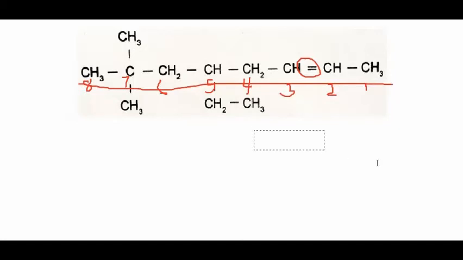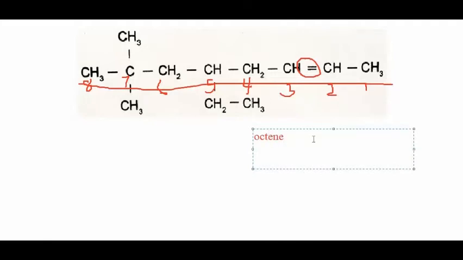Okay, so what is our longest chain? We have 8 carbons, meaning it is octane. But since it is a double bond, we need to change the suffix ANE into ENE. So, it will become octene.